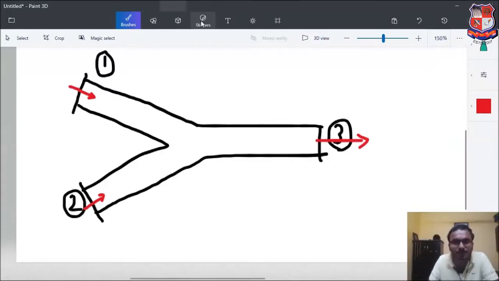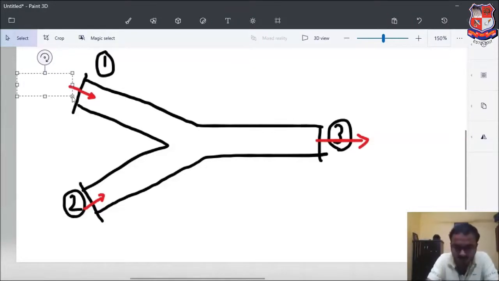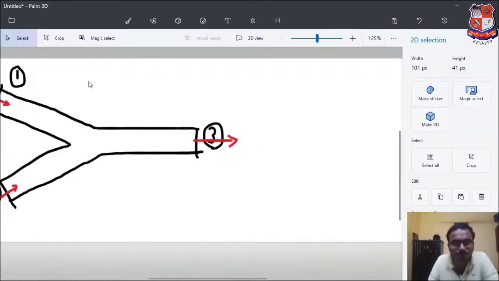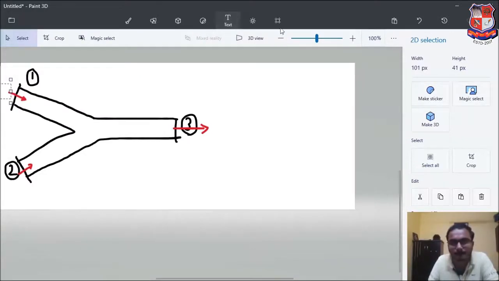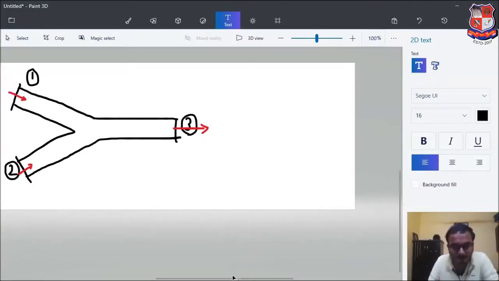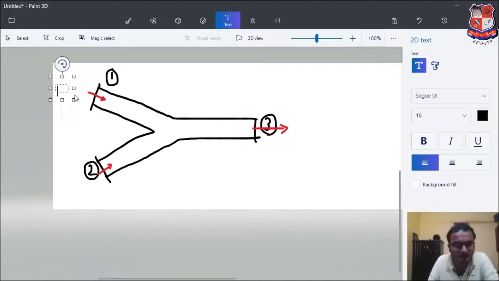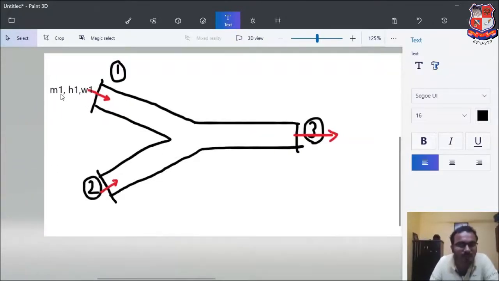So the condition of the air stream at different locations will be M1, H1 and W1. So what does this mean? That the condition of the air stream at 1 is: mass is M1, enthalpy is H1 and specific humidity is W1.